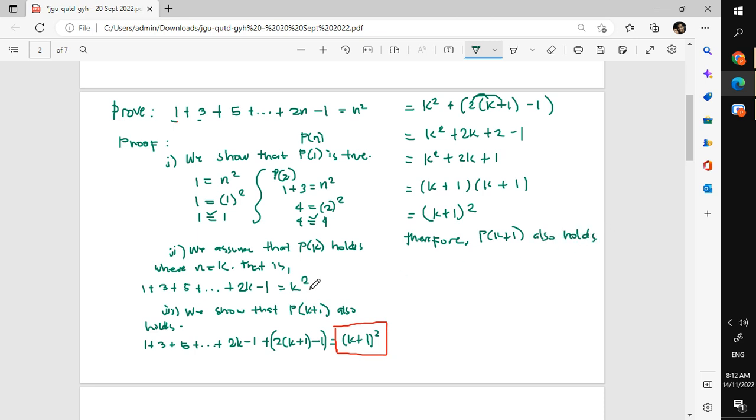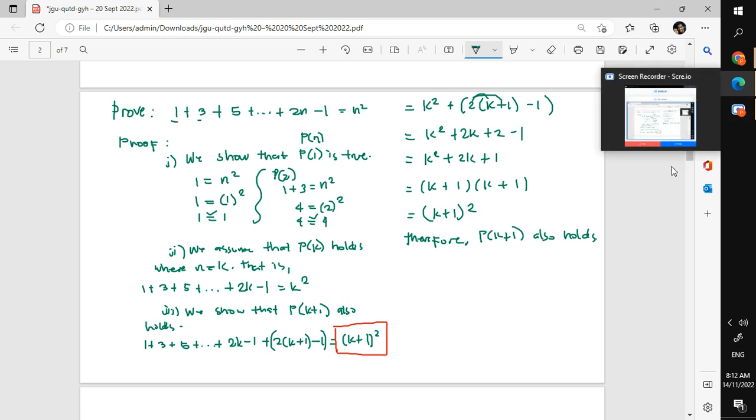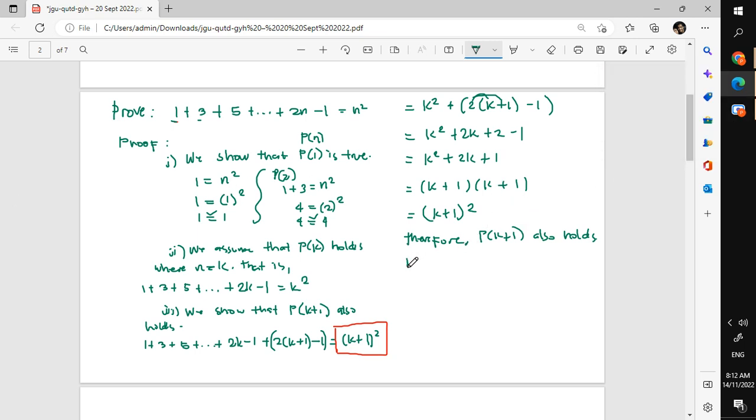Now, since we have satisfied the conditions above, we can say that P of n, or this statement, is true for all n greater than or equal to 1 by the principle of mathematical induction, or by the PMI. So that is how you will use the PMI in proving some statement.